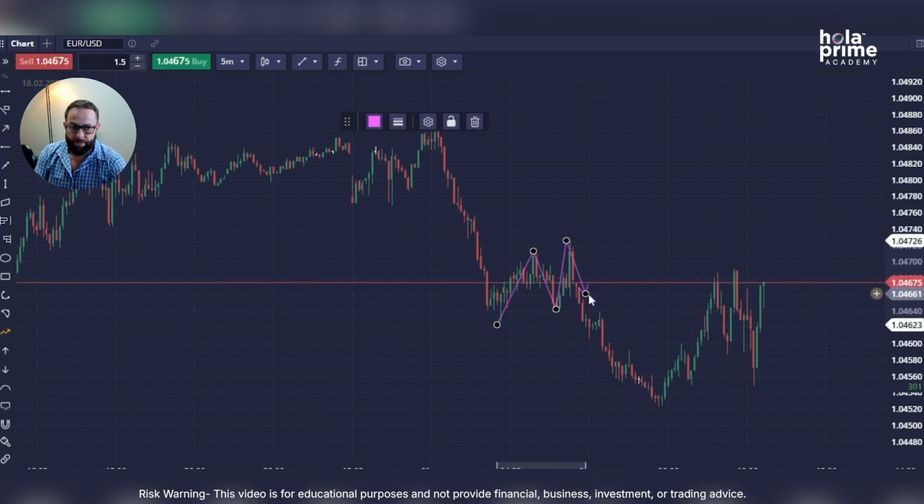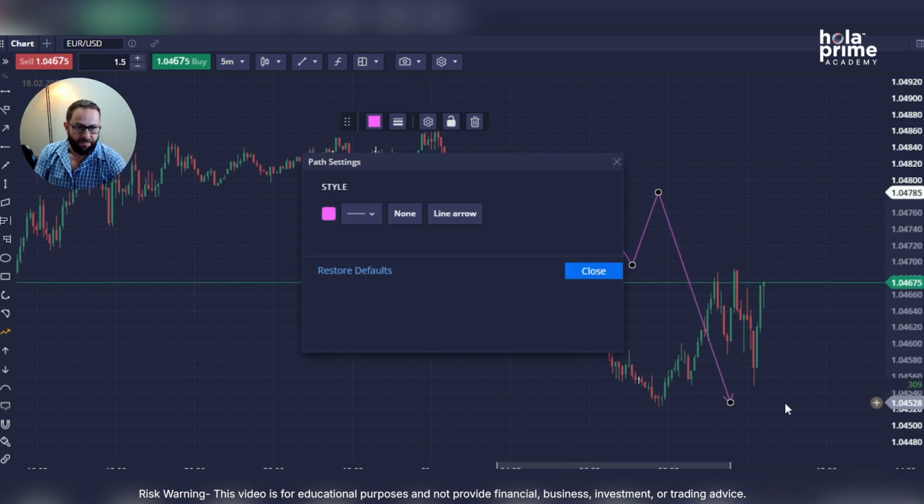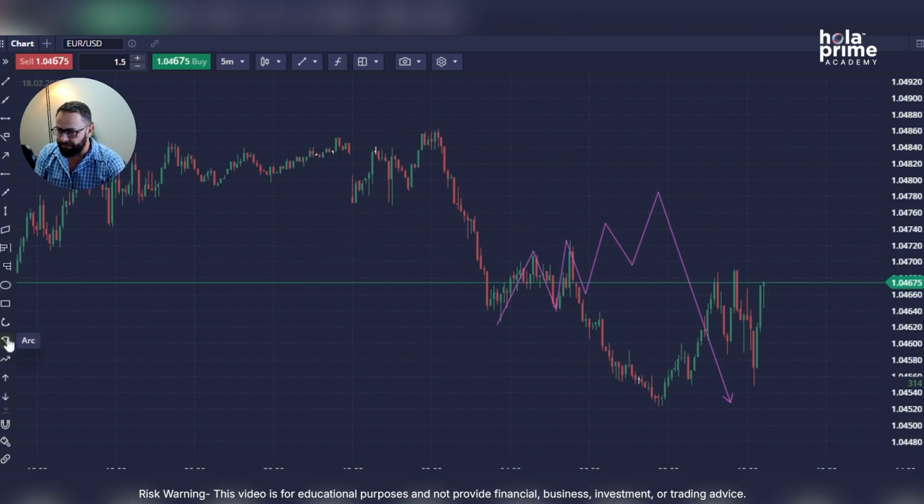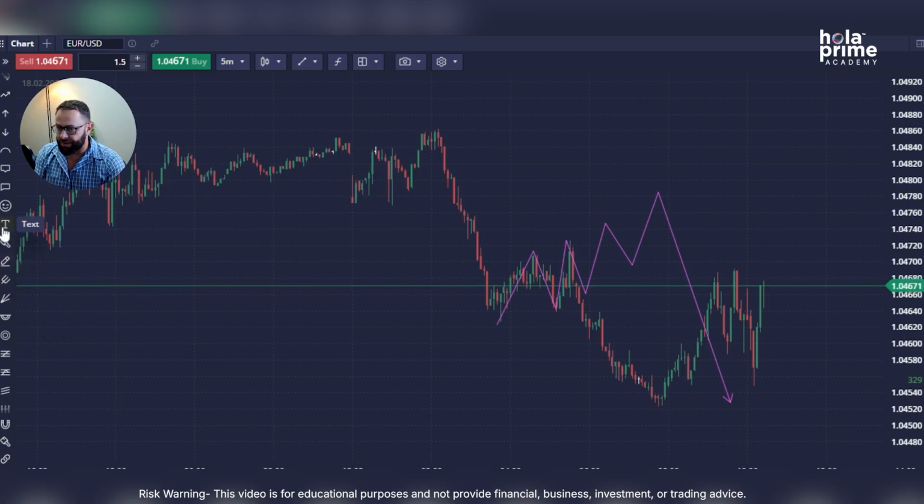It then finds support again, and then you get a secondary ABC, and then a move to the downside. So you basically got two ABCs that form after each other. I'm going to be looking at that price structure in more detail when I show you a formation of a double zigzag that formed a while ago.